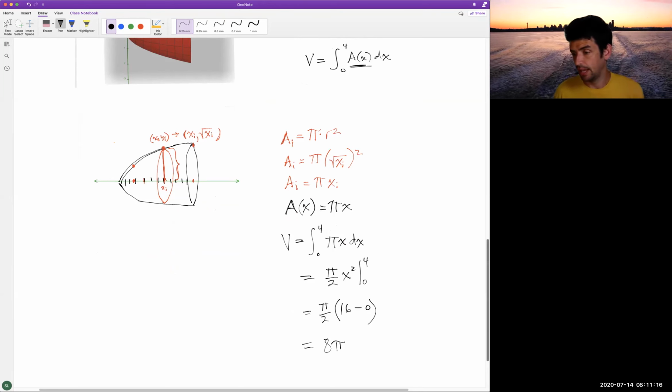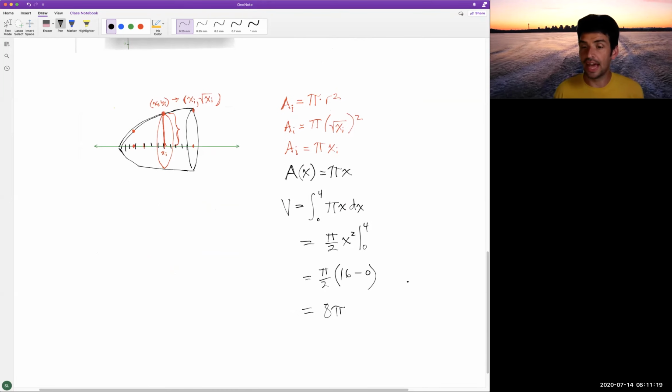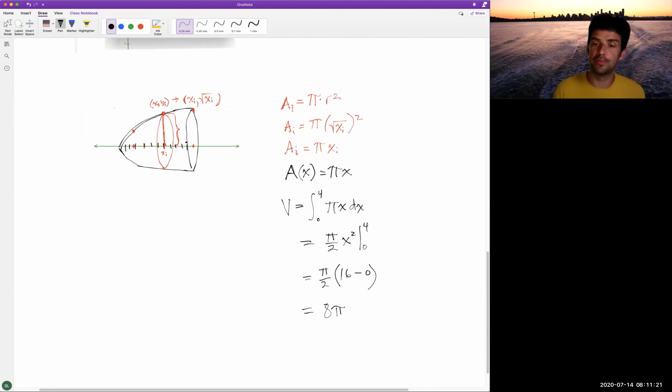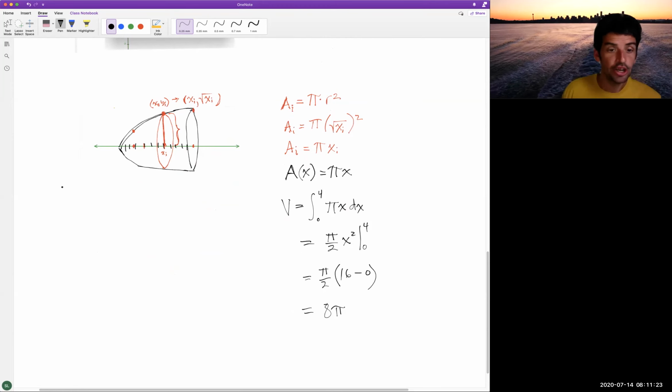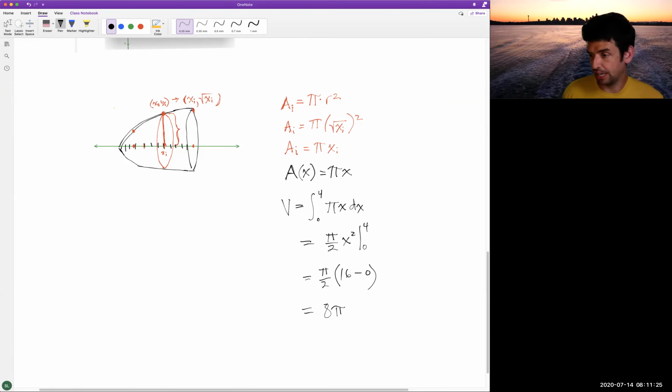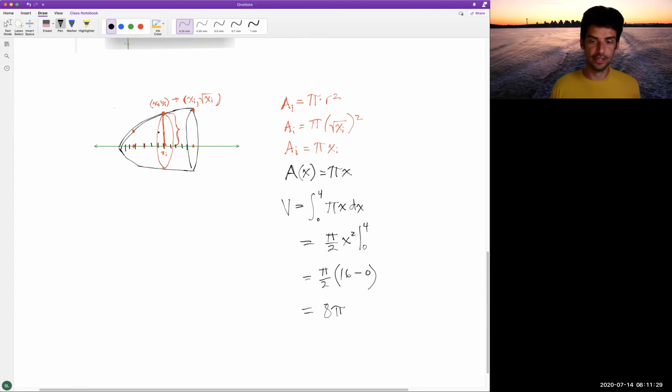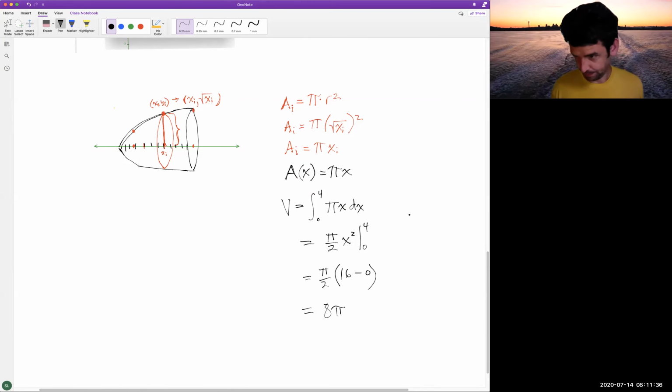And that is the volume of the shape that we were looking at. The tricky part of these kinds of things, this is our first example. It was pretty straightforward to find the volume, but with some practice that can all be done relatively easily.